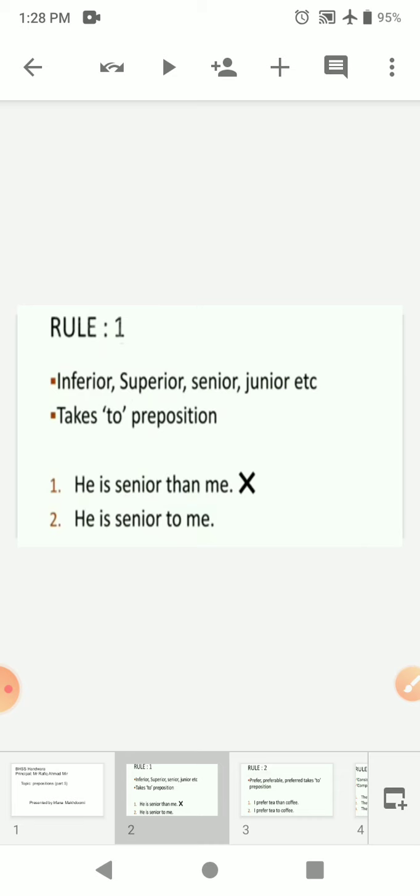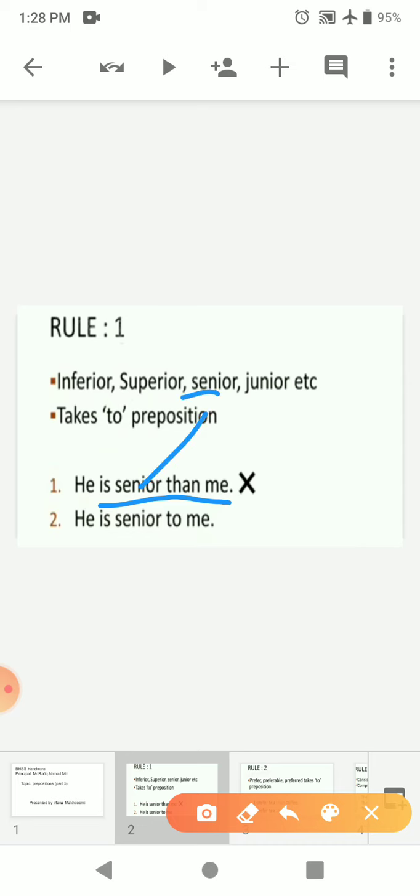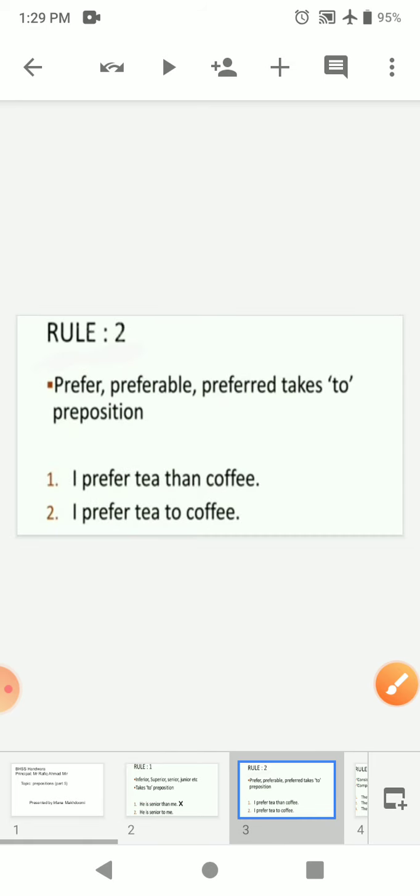For example, "He is senior than me." As I told you, such words take the preposition to. So we do not say "he is senior than me"; rather we say "he is senior to me."